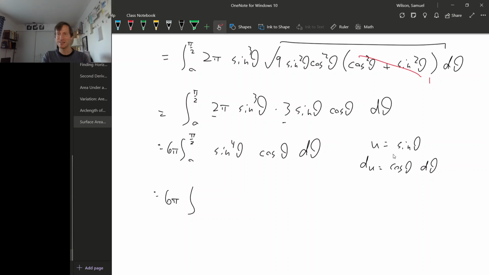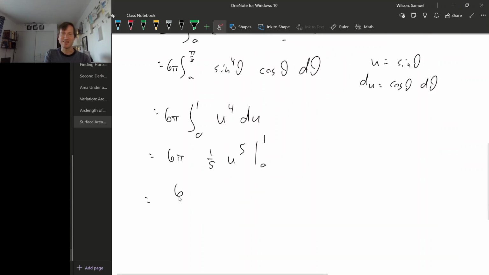When theta is 0, sine theta is 0, and when theta is pi over 2, sine theta is 1. So u to the 4th du. So 6 pi times 1 over 5 u to the 5th from 0 to 1. So this is 6/5 times pi. So the surface area swept out by that graph is 6/5 pi.